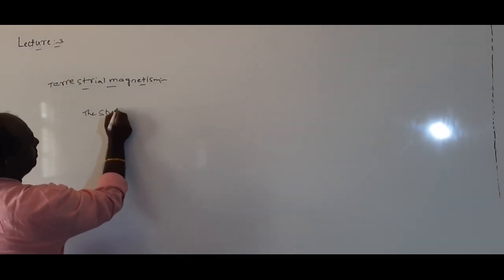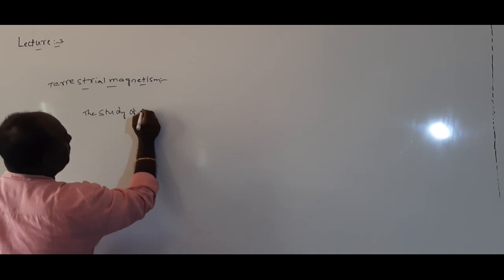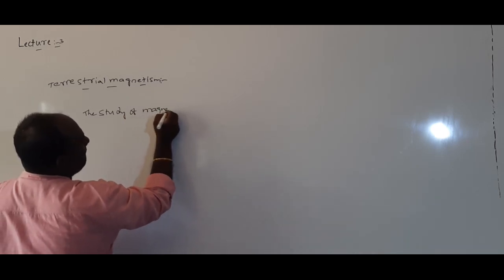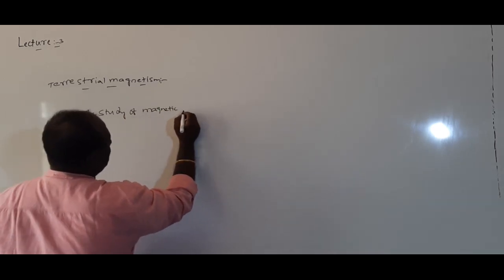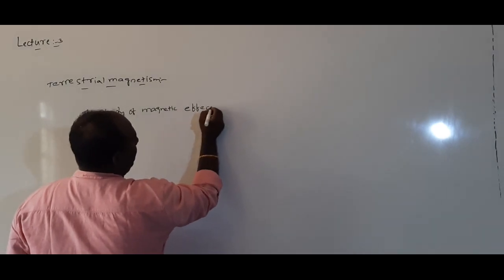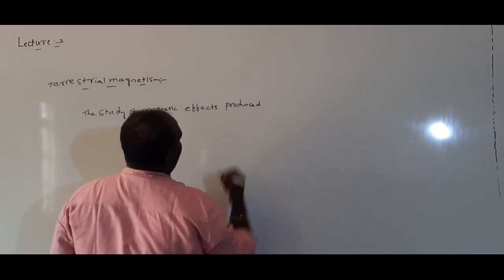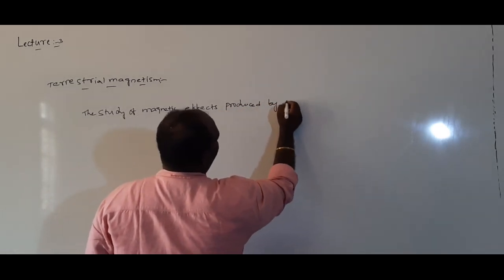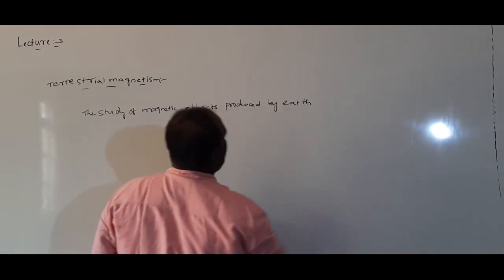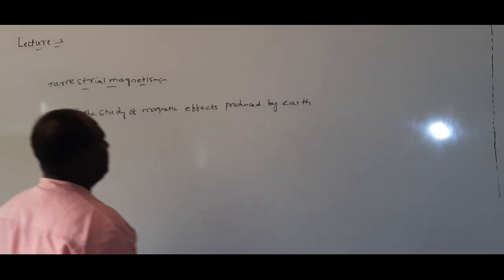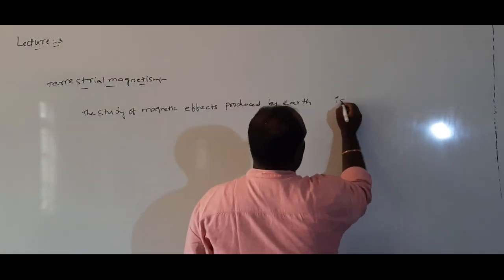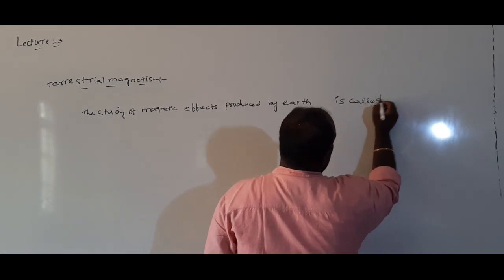I will write the definition. The study of magnetic effects produced by Earth is called terrestrial magnetism.